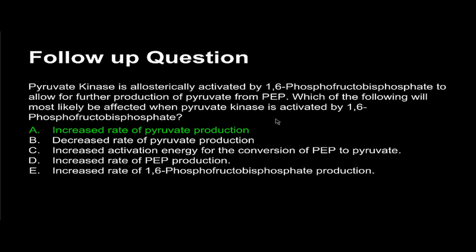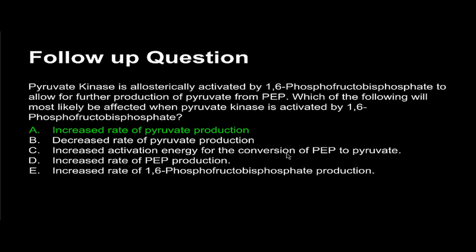Obviously, B is the opposite, so that's not true. C, increased activation energy for the conversion of PEP to pyruvate, right? It's not true, right? I'm decreasing the activation energy when I use an enzyme, so that can't be accurate. D, increased rate of PEP production. This is tricky.